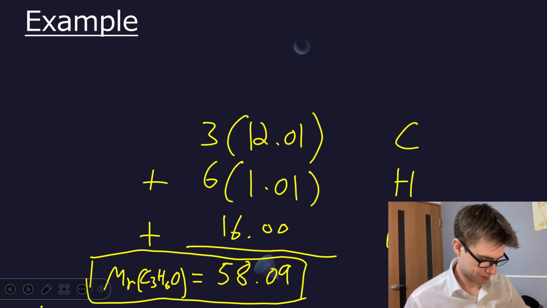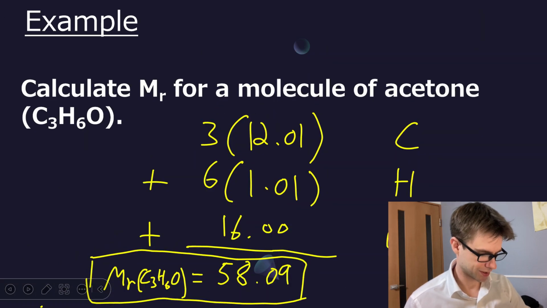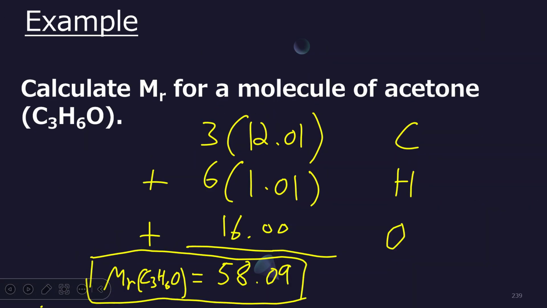All right, moving on. Again, I've already done this practice example, so sorry about that, but I think it's not too difficult. Calculate Mr for a molecule of acetone, C3H6O. So what you would do is multiply carbon relative atomic mass by 3, it's 12.01, plus 6 times relative atomic mass of hydrogen, 1.01, plus 1 times relative atomic mass of oxygen, 16.